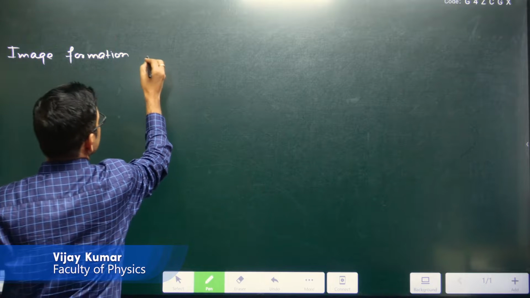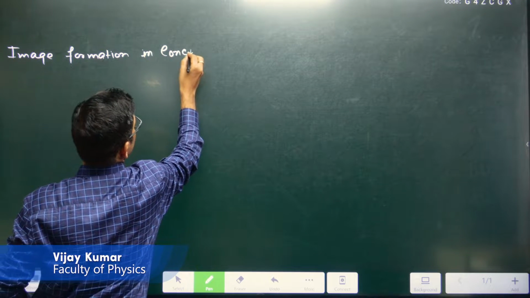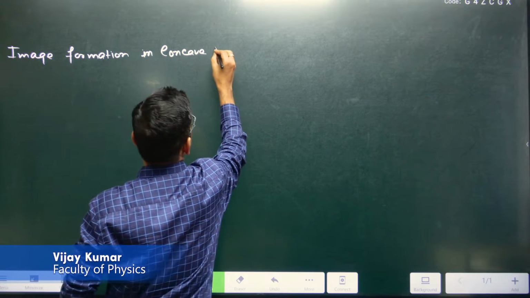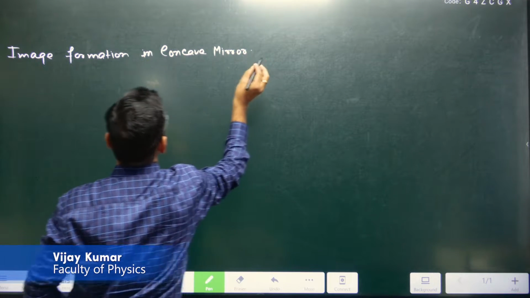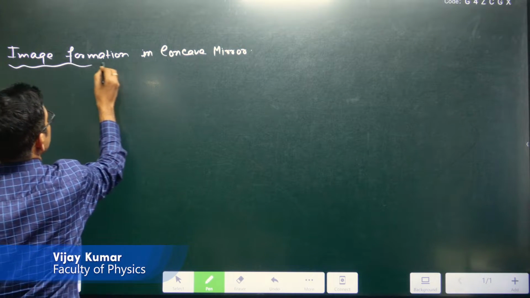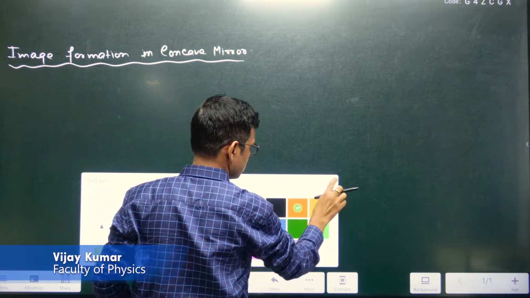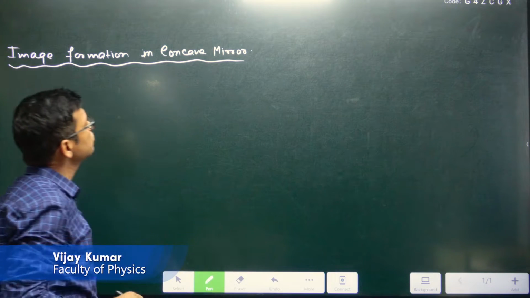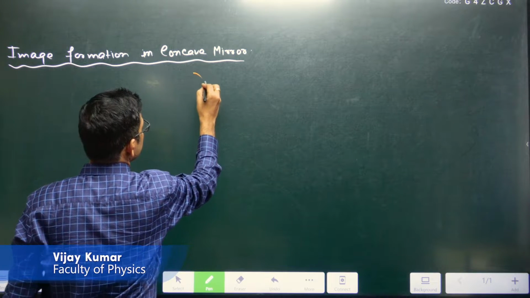Image formation in concave mirror. Suppose this is your concave mirror.